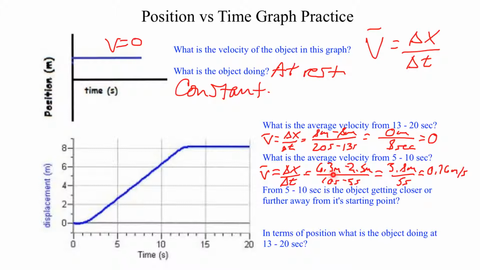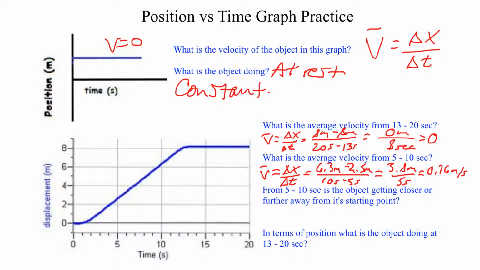So I picked 6.3 minus, and at the 5-second mark, that appears to be 2.5, but to you it might have looked like 2.8 or 2.7. Our answers are probably going to be different because that's a little bit arbitrary. The scale over here is not really conducive to looking at those specific points. So I came up with 0.76 meters per second. You may not have gotten that, but you should have gotten fairly close, at least 0.7 something.